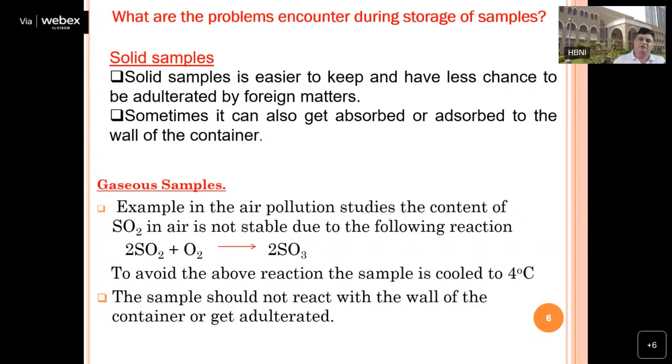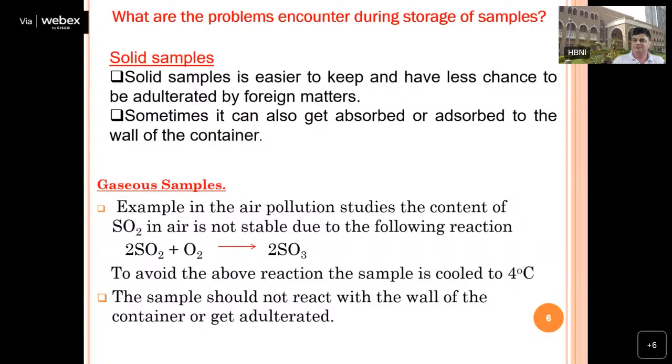Suppose you have taken an air sample and you want to analyze the sulfur dioxide content. If on-site analysis is not possible, then to avoid the above reaction, you have to cool your sample to 4 degrees centigrade. This is just one of the examples, but there are other things also. So one has to be very careful.